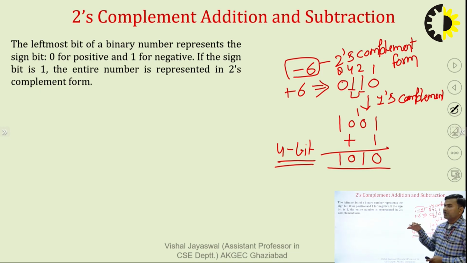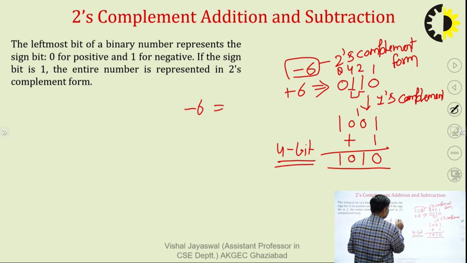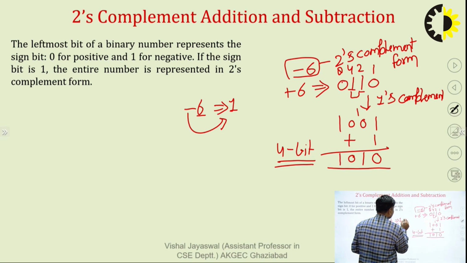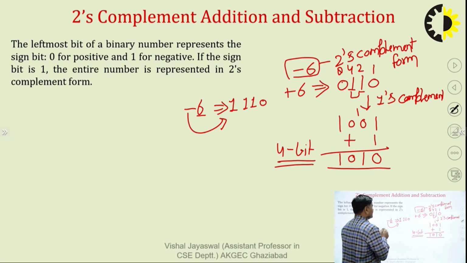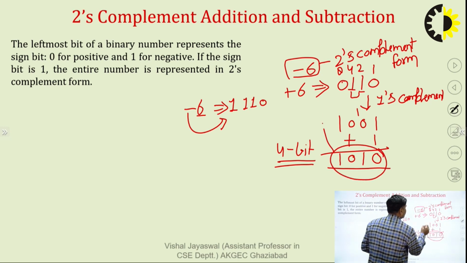Here, if we say the binary number minus 6, if we represent minus 6 in binary number, then for the sign bit we use 1 and the magnitude part, that is 6, is 1, 1 and 0. This is the binary representation of minus 6, and this is the 2's complement form of minus 6.